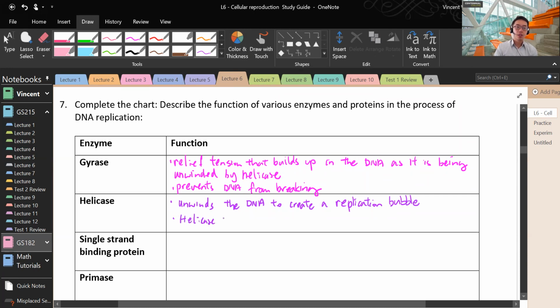Helicase moves into the replication fork as DNA is being copied.